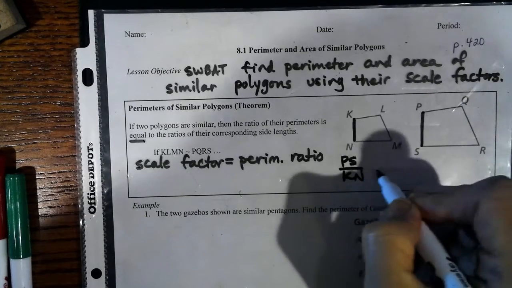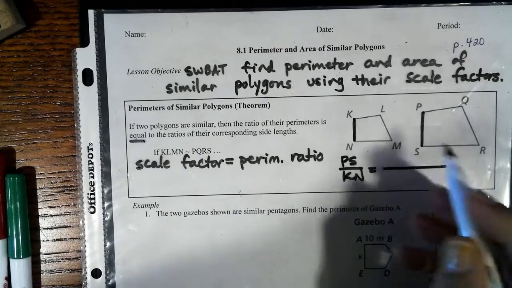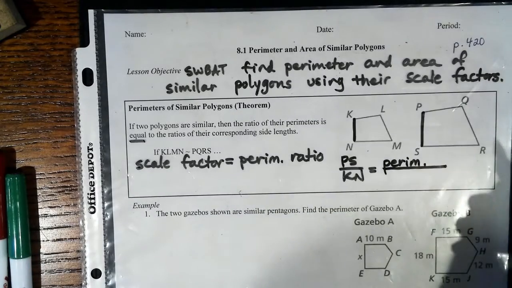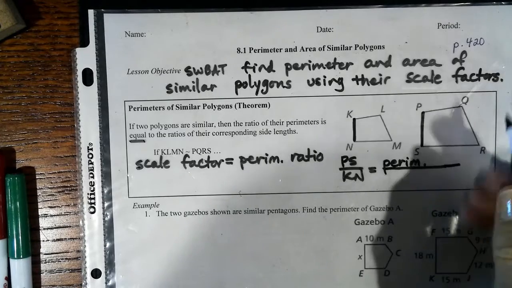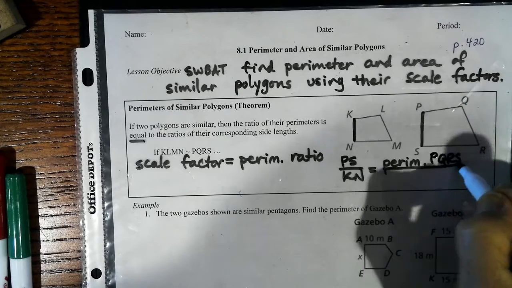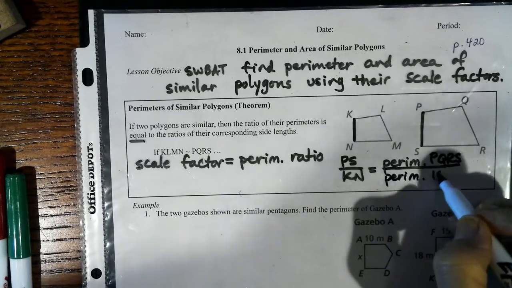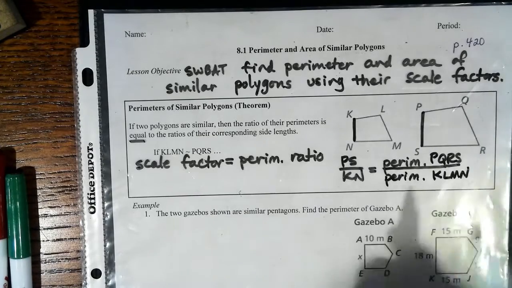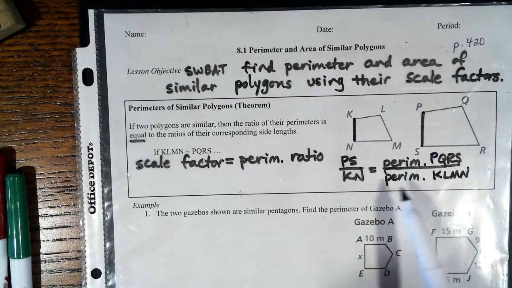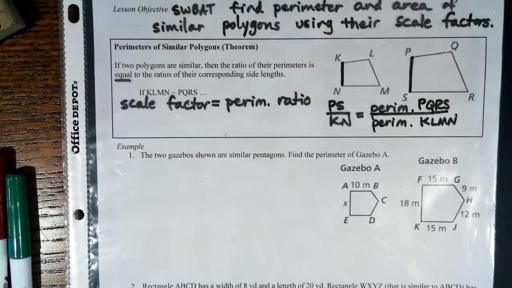PS over KN, it doesn't really matter. But it's the perimeter of PQRS over the perimeter of KLMN. And so this is a proportion you can write. A fraction equals a fraction. If you have three of these numbers, you can figure out the other one. So we actually have that example right here.